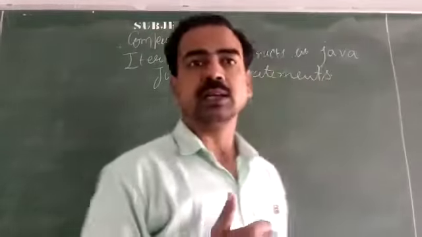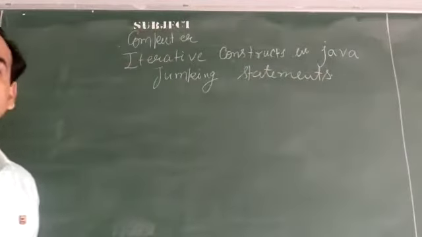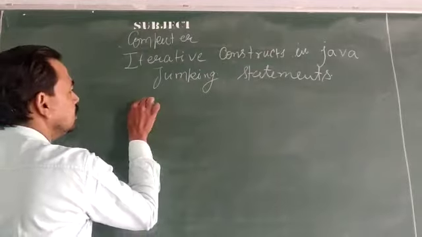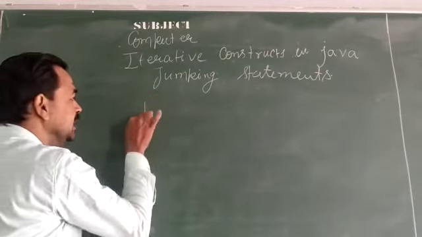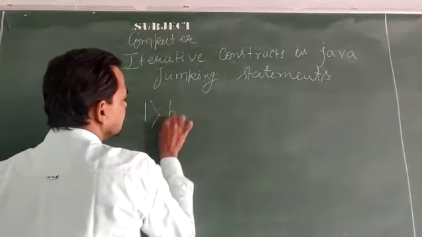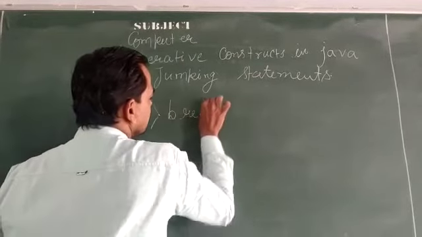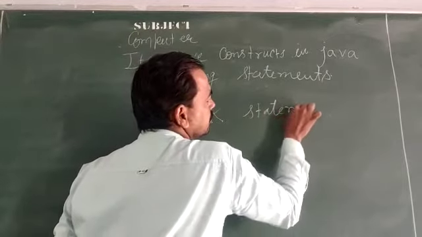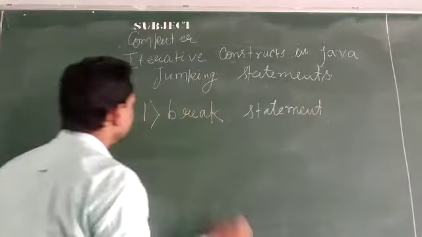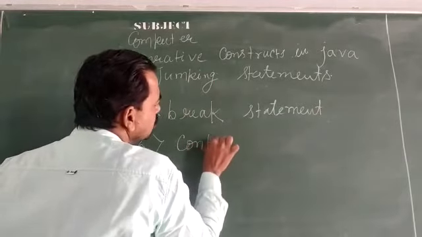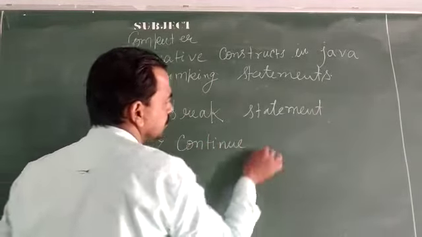Now, what are the different types of jumping statements? Note down, there are three kinds of jumping statements. Number one is break statement. Number two is continue statement.